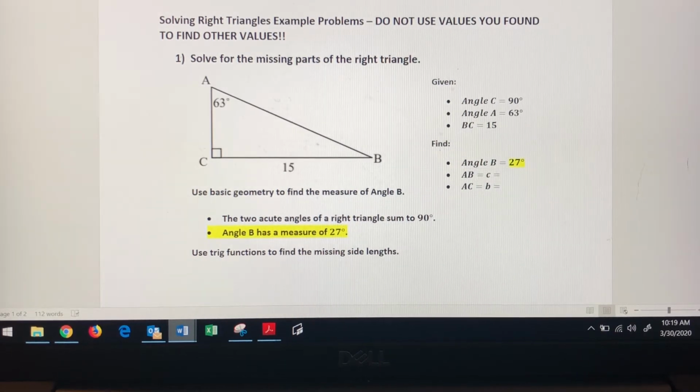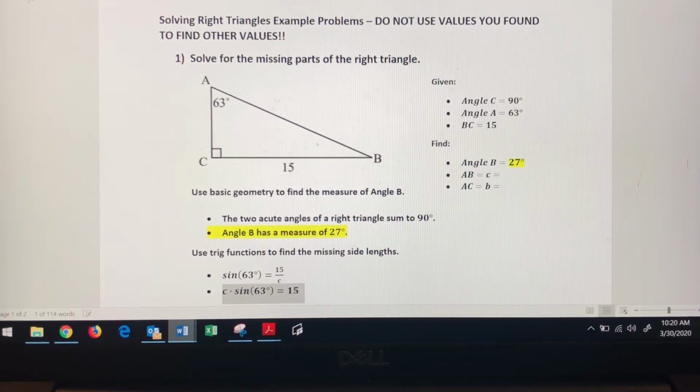Now we're going to use trig functions, those trig ratios we just learned, sine, cosine, and tangent, to find the missing side lengths. So we're going to start out by finding this hypotenuse, side C. And we're going to have to use sine to do that. The sine of 63 degrees equals the opposite 15 over the hypotenuse C. We know how to solve that now.